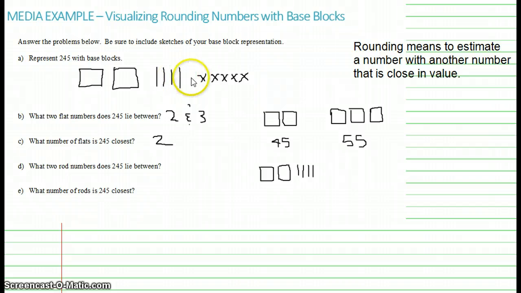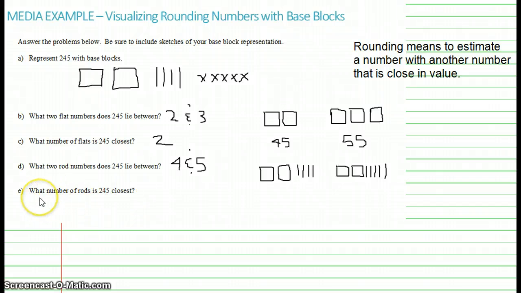It has that many, and it has a few units more, but not enough to make 2 flats and 5 rods. So the number of rod numbers it lies between is 4 and 5.